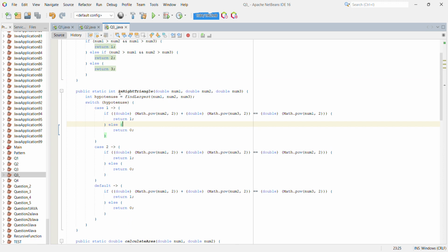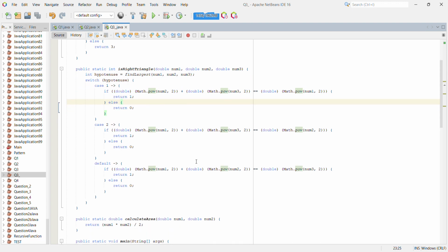Our second method is about whether the given three numbers form a right triangle or not. In order to solve the question, we must first determine the hypotenuse using the findLargest method.